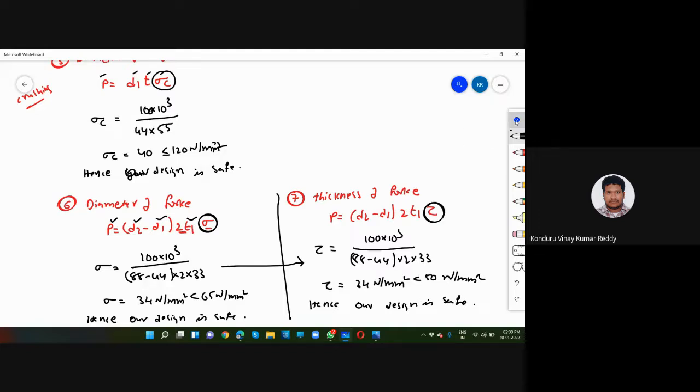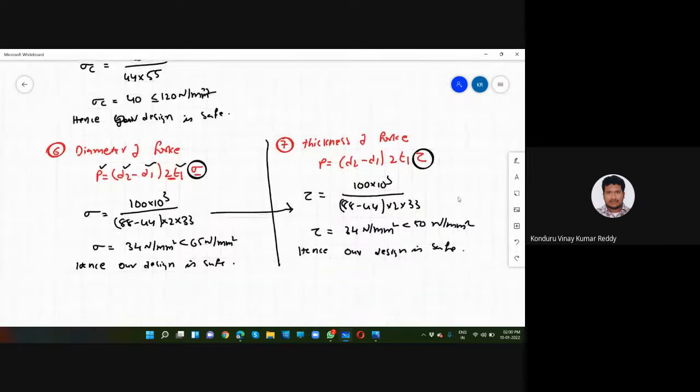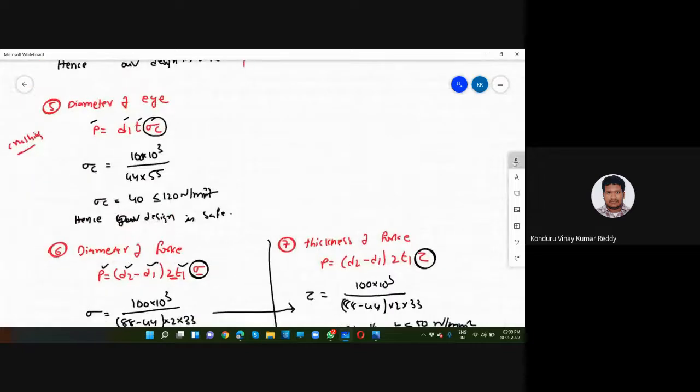Okay, last step, that is step number 8. I will be writing it beside step number 5 because both look similar. Here you can write either diameter or thickness of fork.